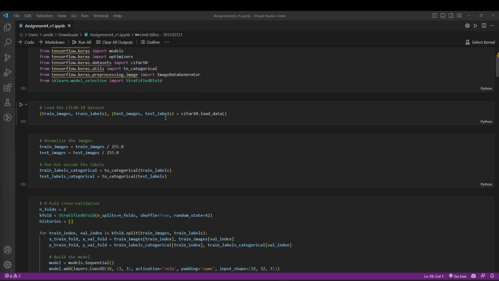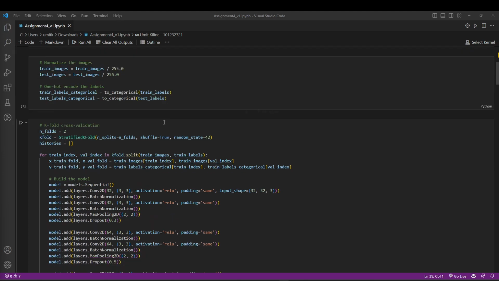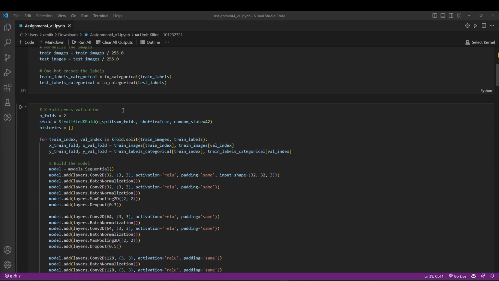Then over here we have our k-fold cross validation. The variable is set to 2. That means the dataset will be split into two parts for cross validation.